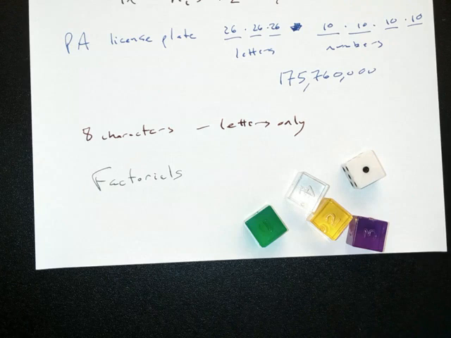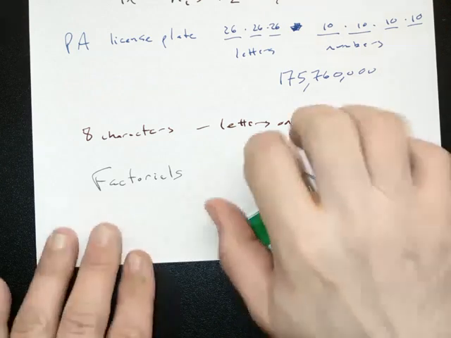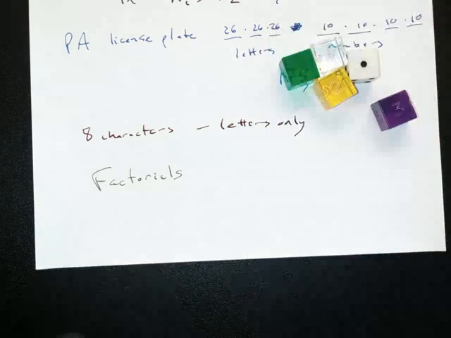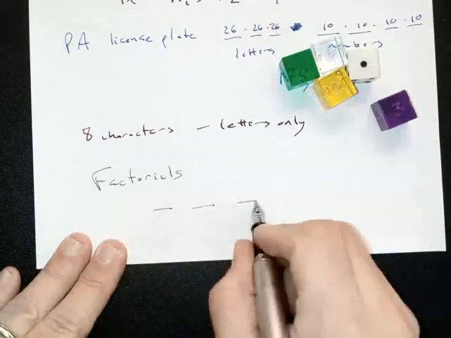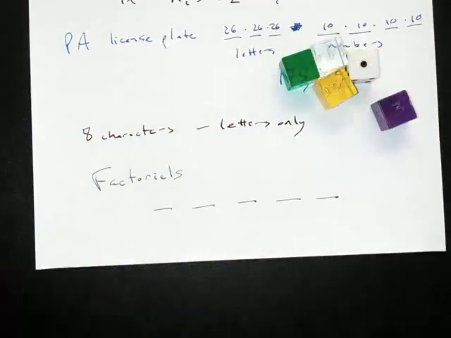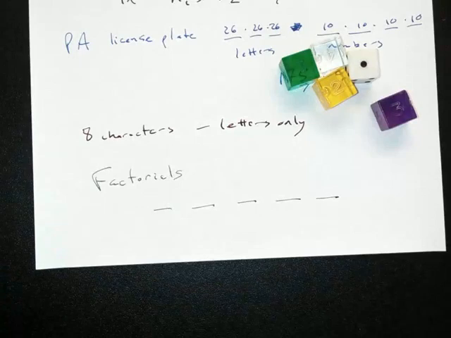How many different patterns will you see as options? I'm going to put one in each spot, yes? What goes in the first spot? How many choices?